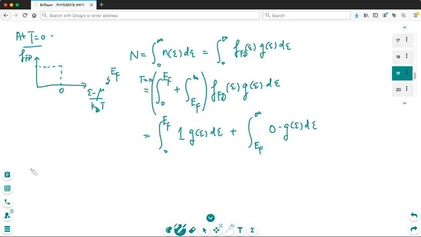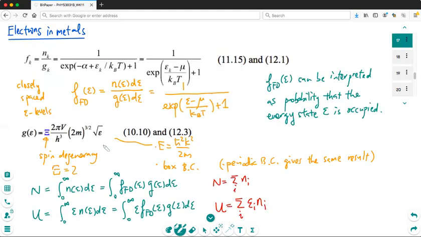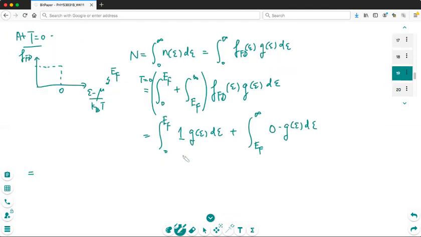At least I simplified something, but I still have to plug in this g(ε)dε from here, this whole thing. Not too difficult, let's just do it. There are different ways to present this, but first I will do it once, and you have to do it yourself. Important calculation.